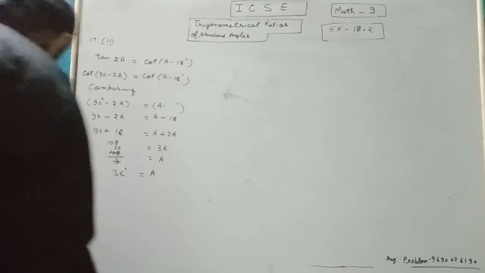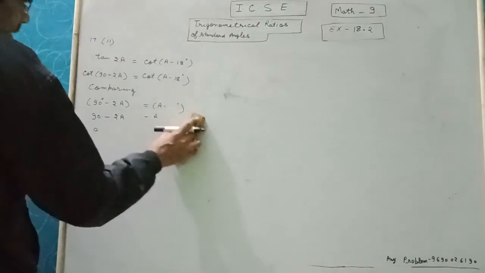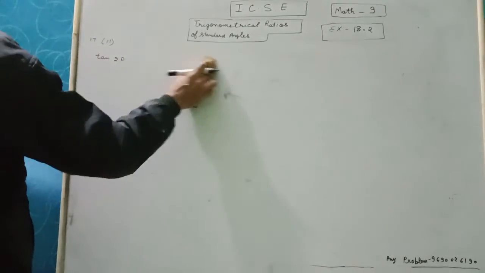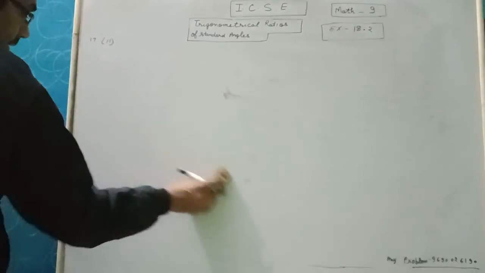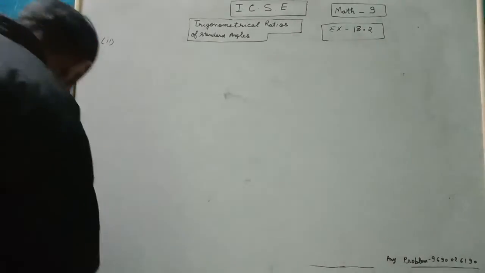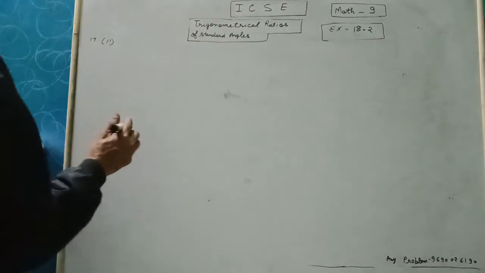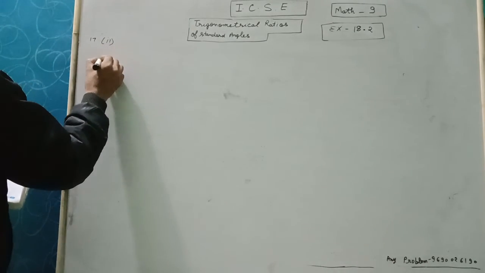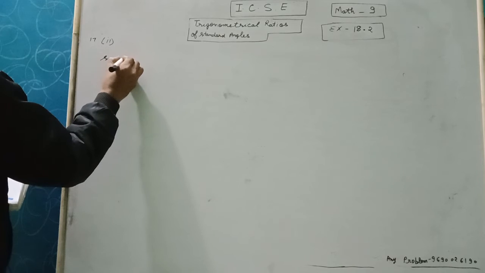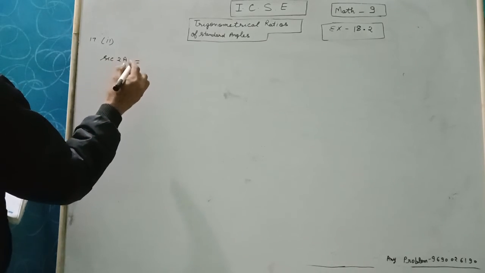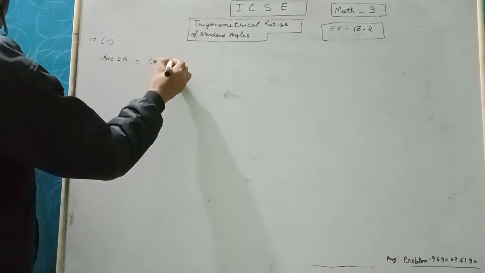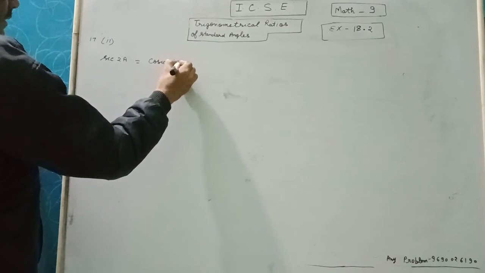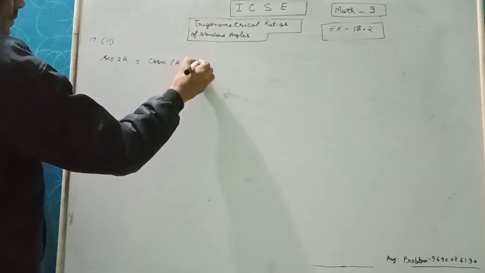Third part: sec 2a is equal to cosec(a minus 27).